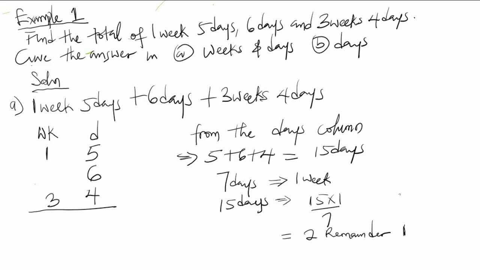So how do we convert? You just cross multiply. Multiply 15 by 1 and you divide by 7. Easy as ABC. Very simple. And 15 divided by 7 is 2, remaining 1. That means in 15 days, there are 2 weeks and 1 day. That is just what it translates to. 2 weeks, 1 day.